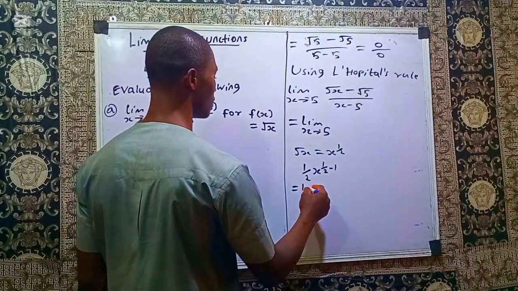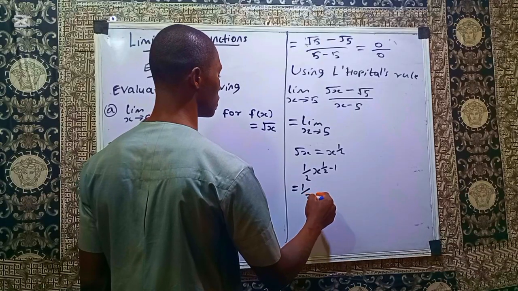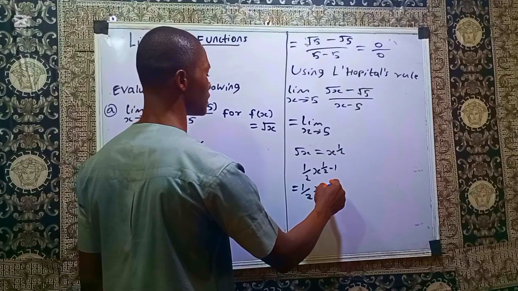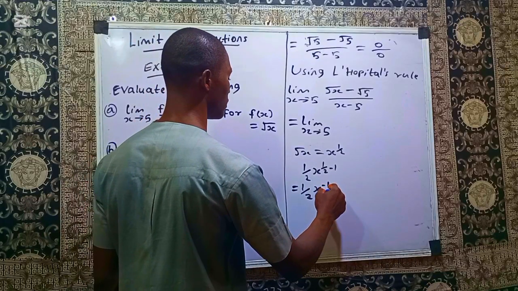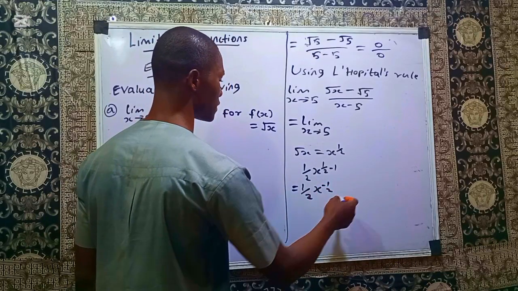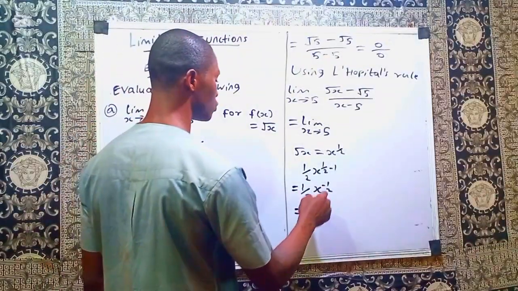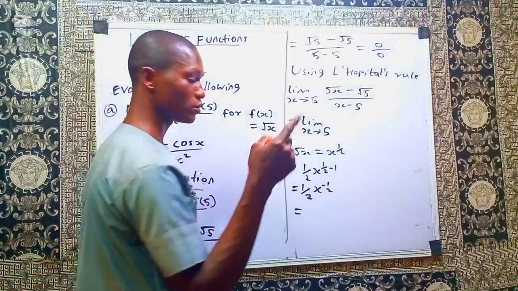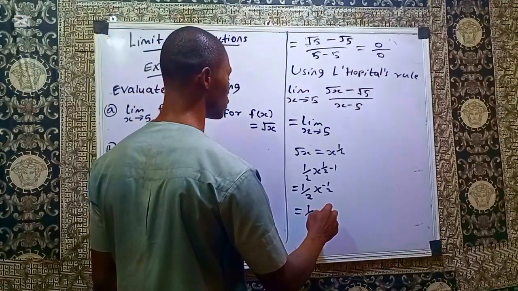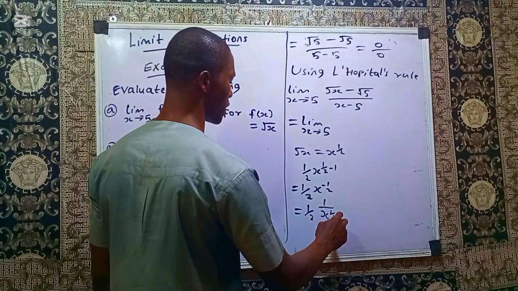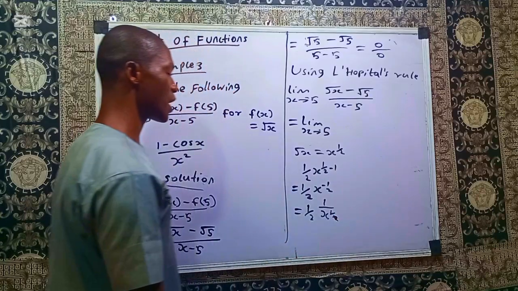So this will be 1 over 2 x raised to power half minus half, which is minus half. To remove the minus on the power of x, using the law of indices, you introduce 1 over. So we'll have 1 over 2 times 1 over x raised to power half.